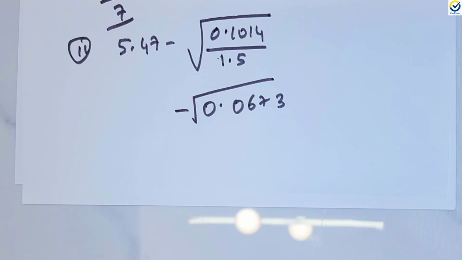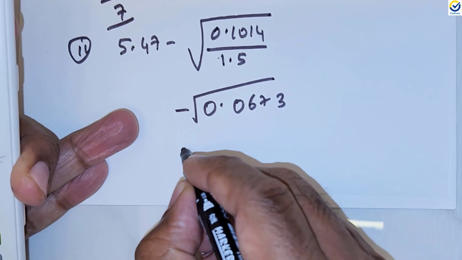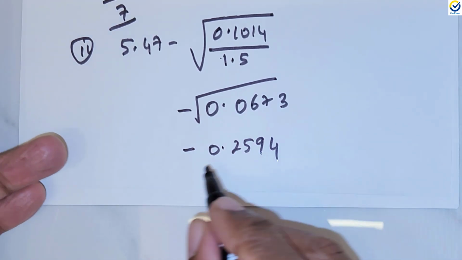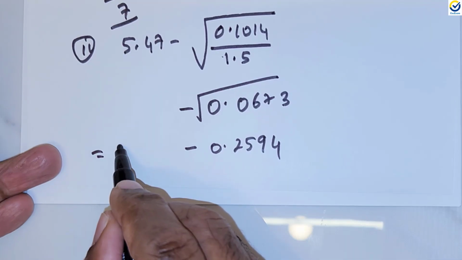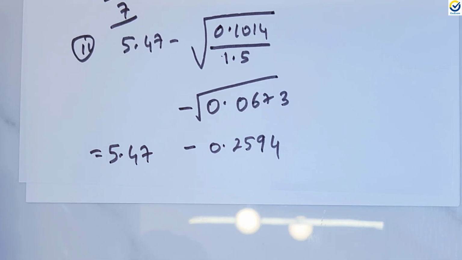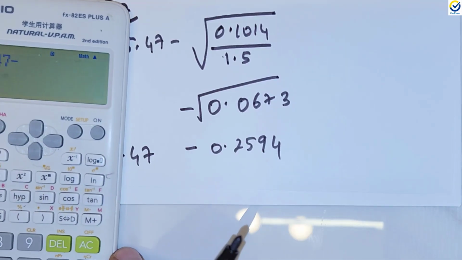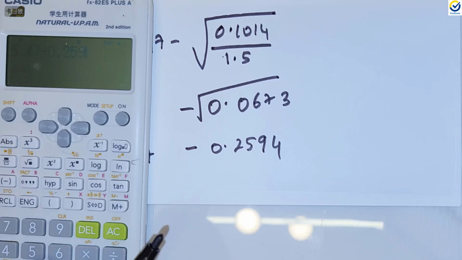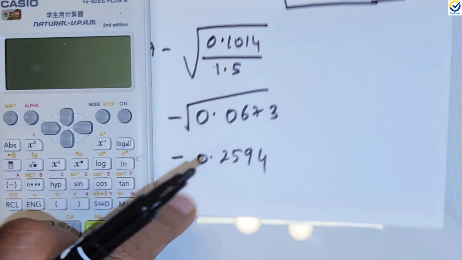That's going to be equal to 0.2594. So on this end we got 5.47. So 5.47 minus, just key in the value, 5.47 minus 0.2594.